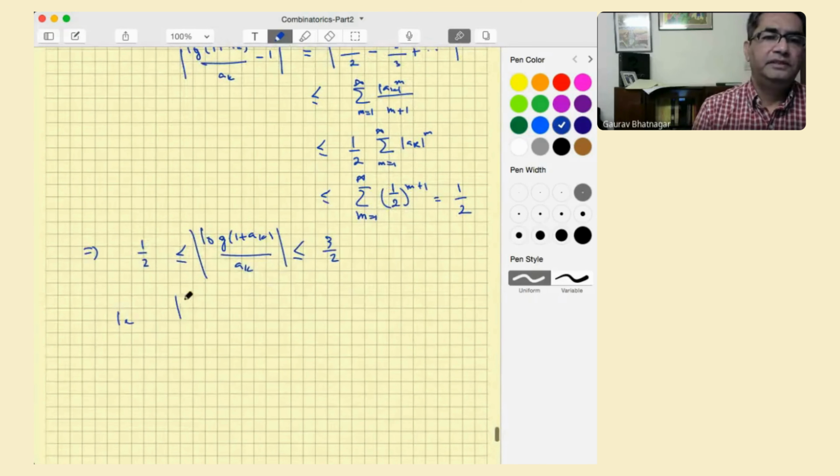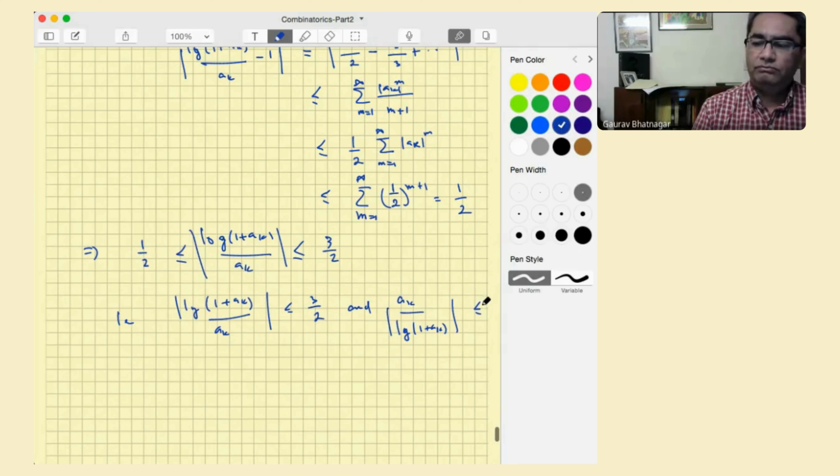So what does this mean? This means that log(1 plus a_k) over a_k is less than or equal to 3 by 2, and a_k over log of 1 plus a_k is less than or equal to 2. So now by comparison tests, this is less than or equal to this, and this is less than or equal to that. So by comparison tests, both follow.